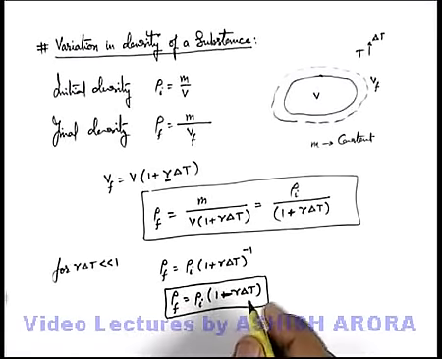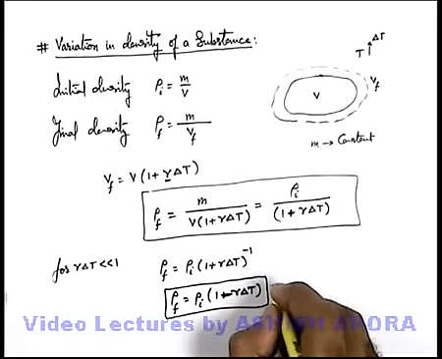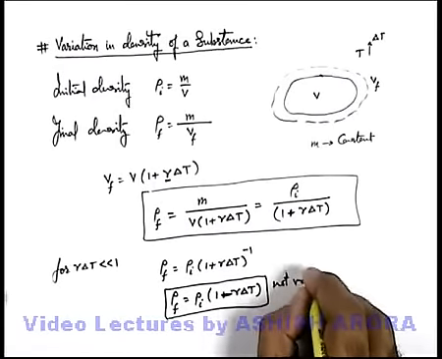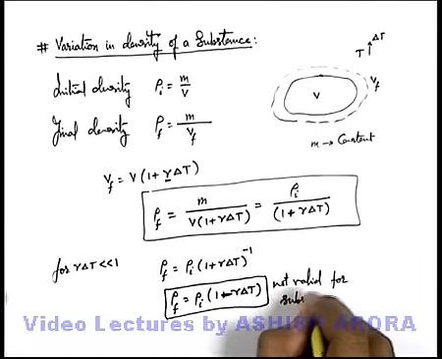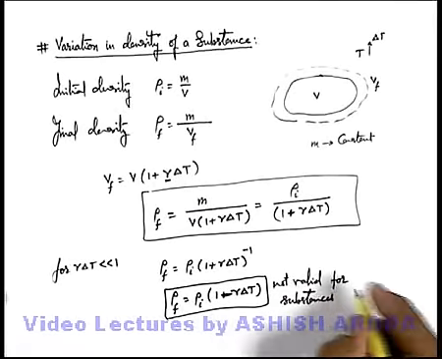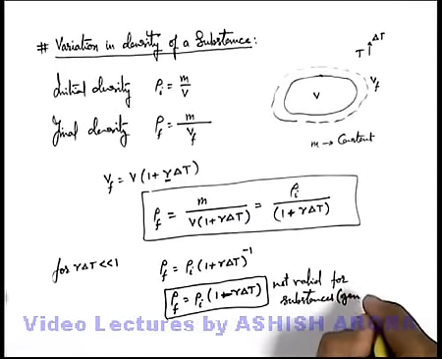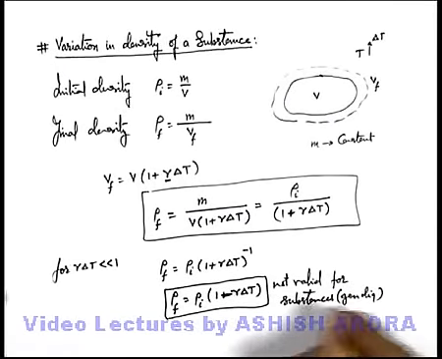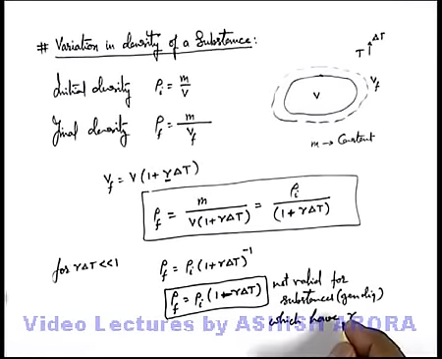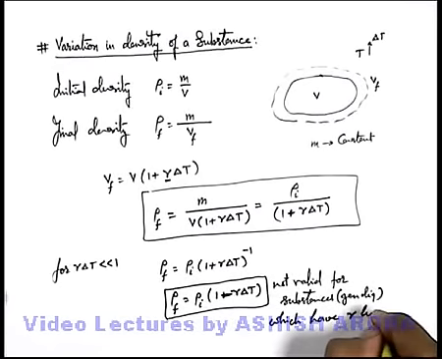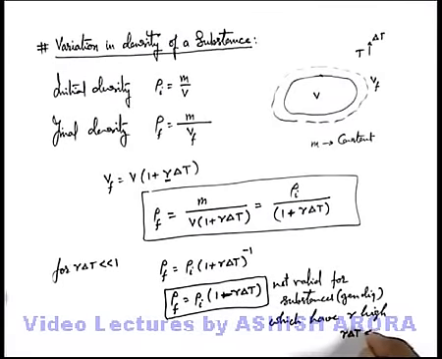Generally for solids we can use it, but this is not valid for substances, generally liquids, which have high gamma, such that gamma delta T is not very much less than 1.